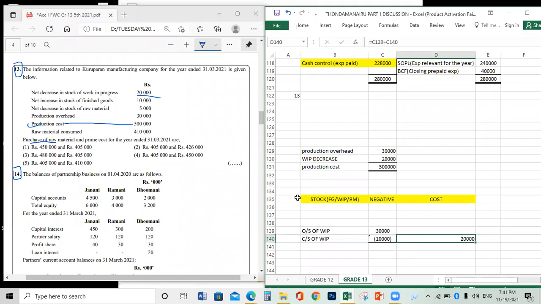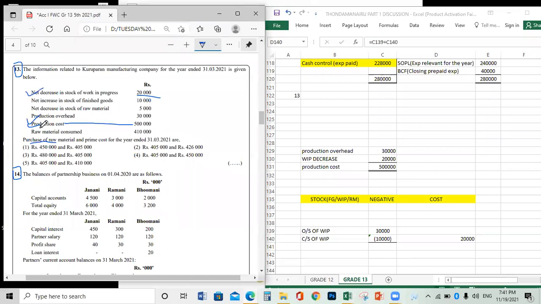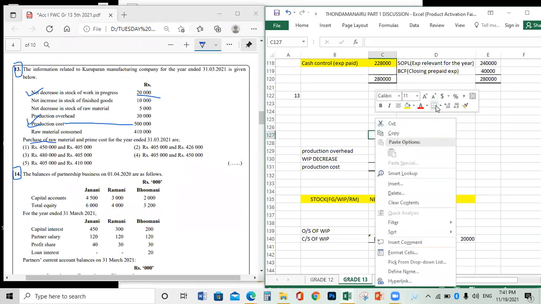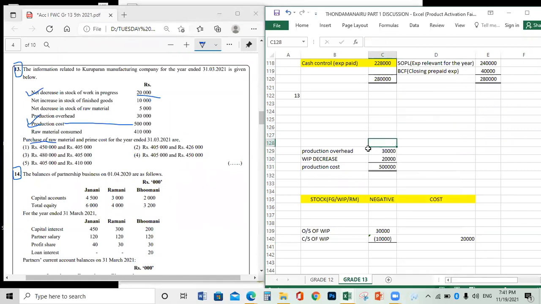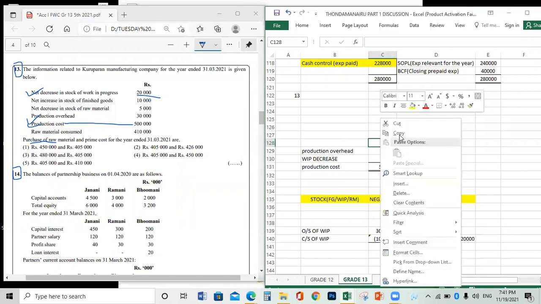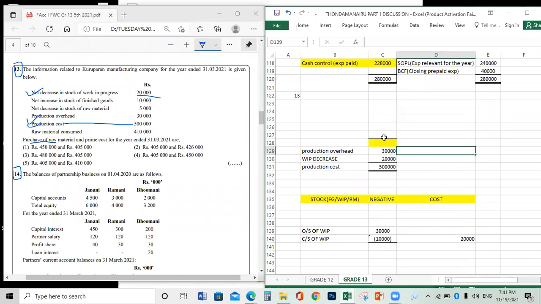Okay. Now, guys, let's continue. So we are done with work in progress. Now you go backwards, right? Now, what do you get here? What do you call this value?